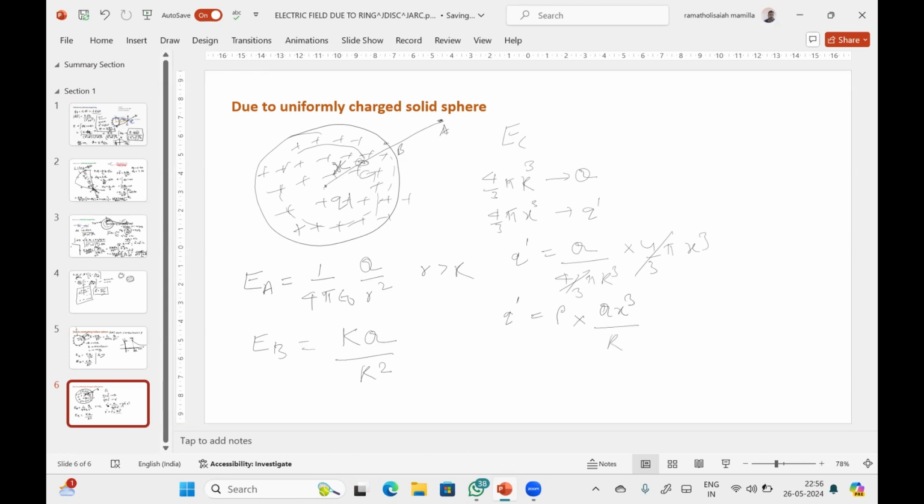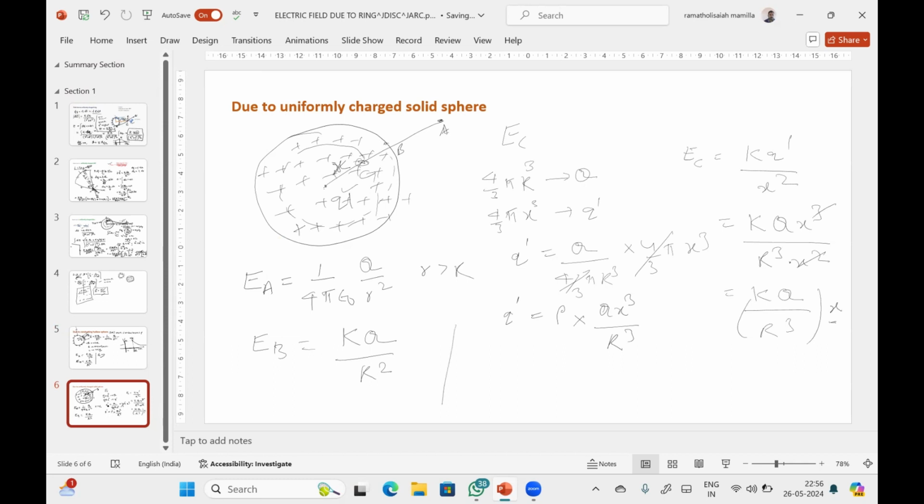This is the charge inside radius x. Therefore EC is equal to k q dash by x square, which is k q x cube by R cube into x square. The x square cancels, giving EC equal to kqx by R cube. So this is very, very important.